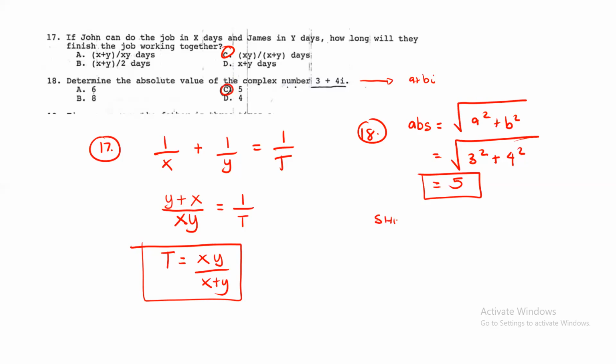So, shortcut natin, calcu na lang kaagad. Meron tayong abs sa calcu. Mode complex, then abs ng, i-type mo lang itong complex number na to, 3 plus 4i. Pakita natin sa calcu.